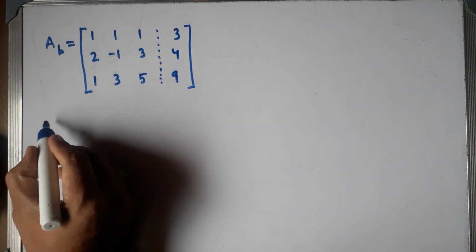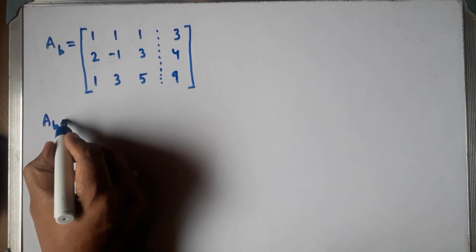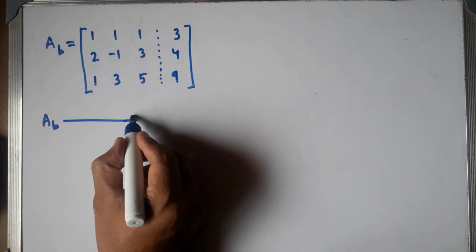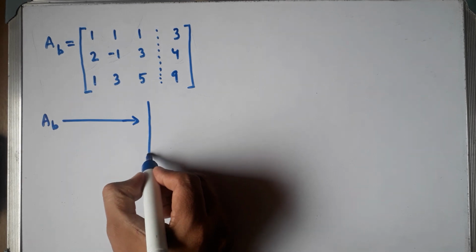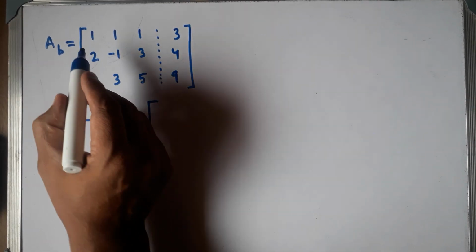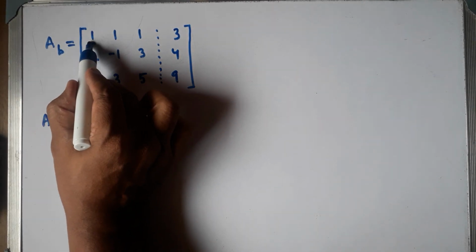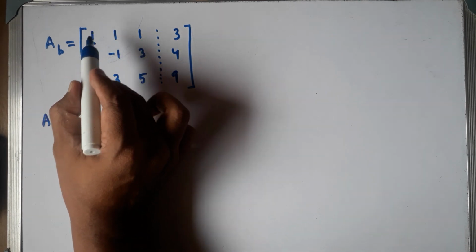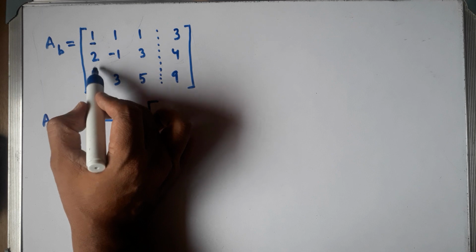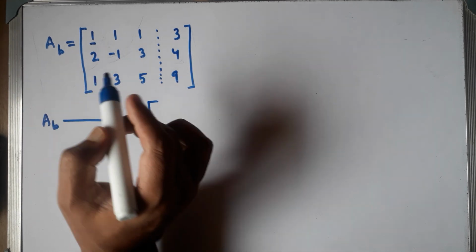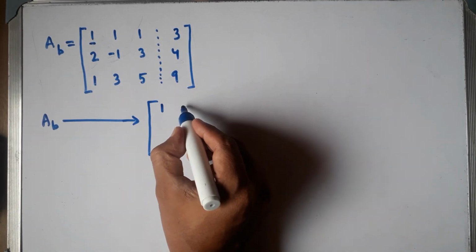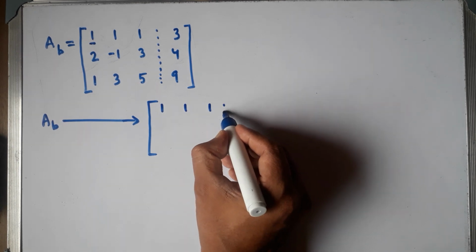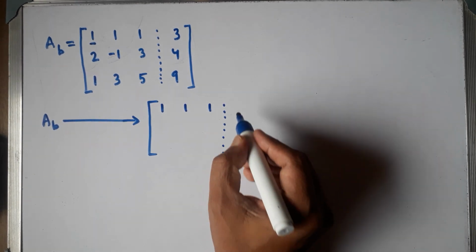So AB goes to, I shall always try to keep this element 1, because using this 1 I shall make these elements 0. So keep this element as it is: 1, 1, 1, 3.